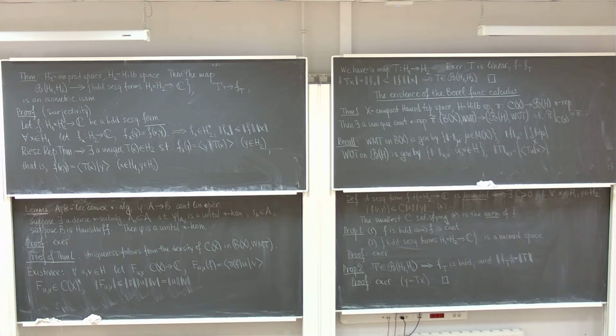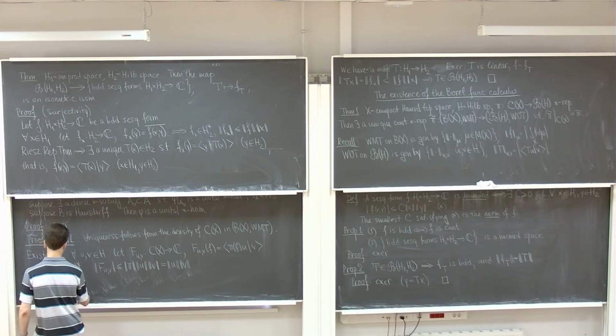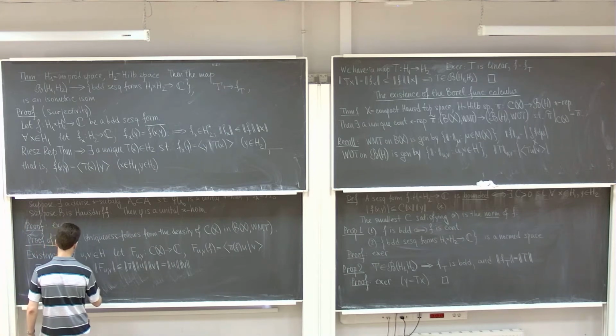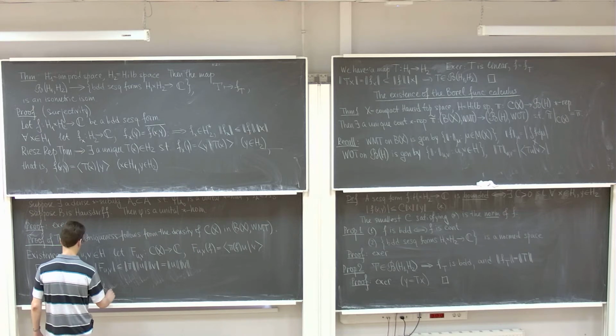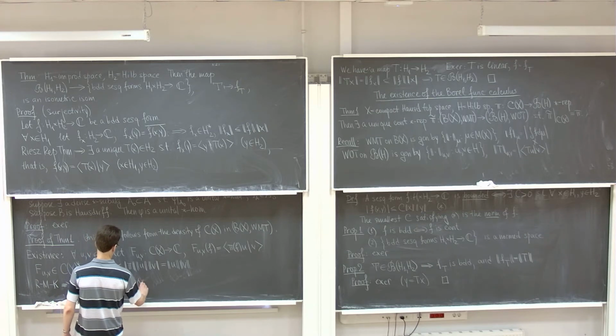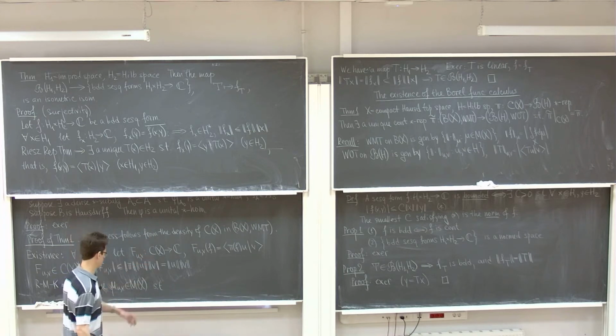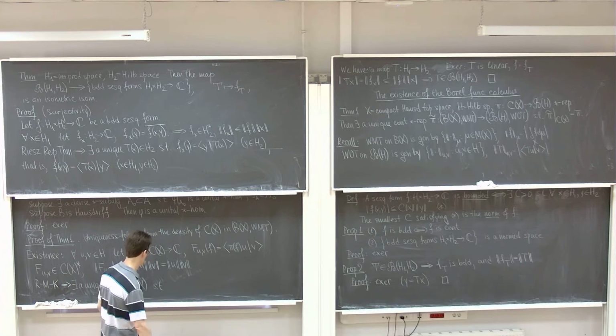Okay, so this is a bounded linear functional on the space of continuous functions, and we can apply the Riesz-Markov-Kakutani theorem and conclude that there exists a unique Radon measure, which will be denoted by mu_uv, of course it depends on u and v, such that this functional is the integral with respect to mu.